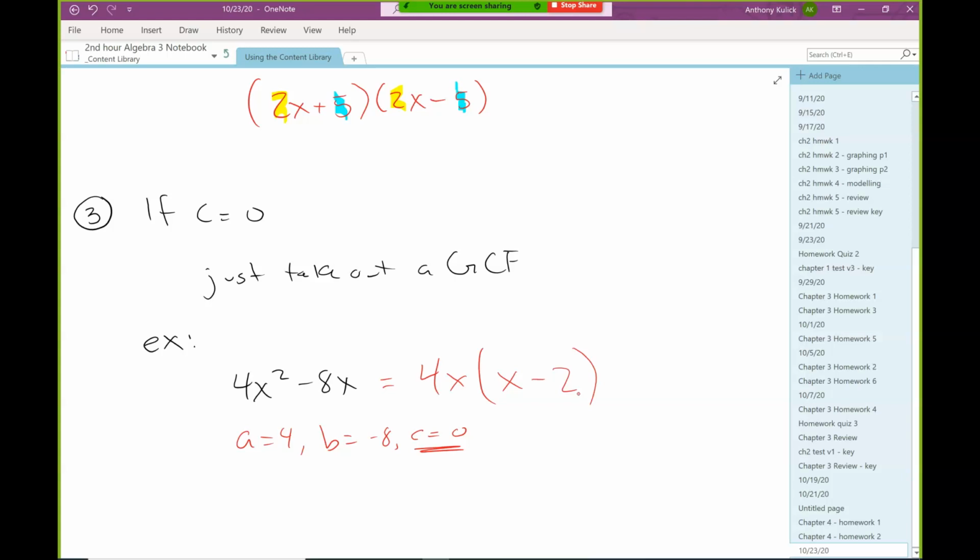That's all you have to do. This is the easiest situation, or the best shortcut, when C is 0, because there's really nothing difficult to do. It's just a little greatest common factor thing.